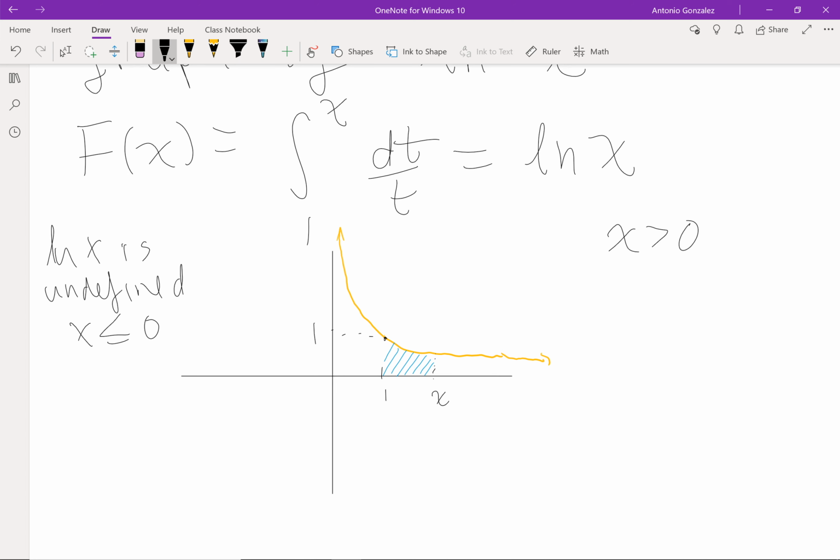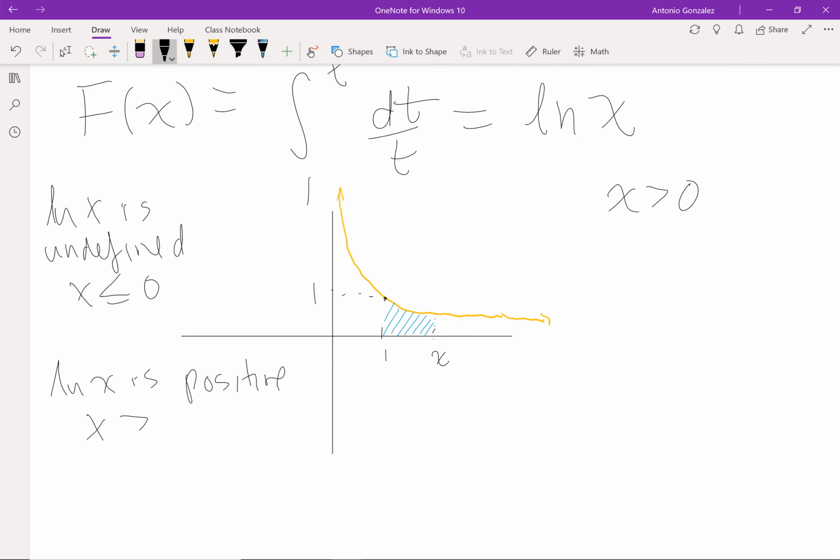Another thing is that notice here the area is positive, so ln of x is positive when x is greater than 1. It is equal to 0 when x is 1. That would be the integral over 1 point, which we know from our first semester calculus is 0.